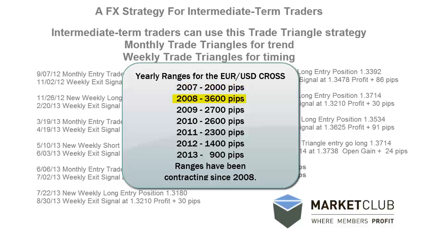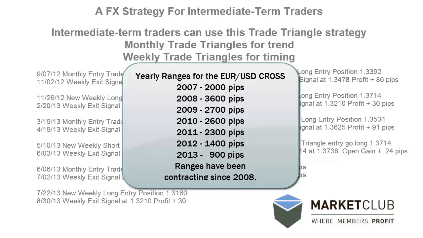In 2008, it was 3,600 pips, and so on and so forth. In 2012, which is what we're showing you, and 2013, the range dramatically narrowed. Over half. If you look at the averages, we lost over half the range in a very short period of time. So if you can make money in a market that's contracting like that, you can do very, very well.